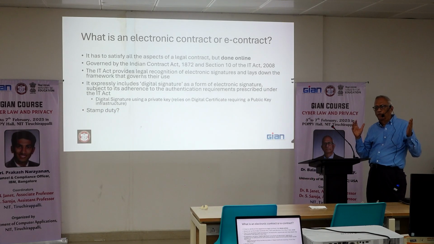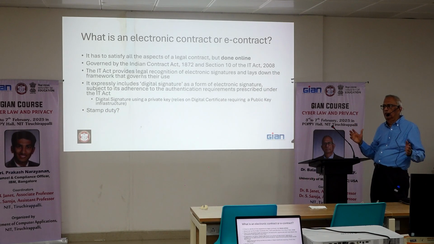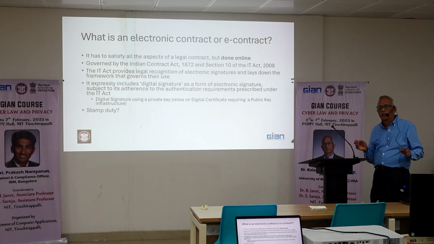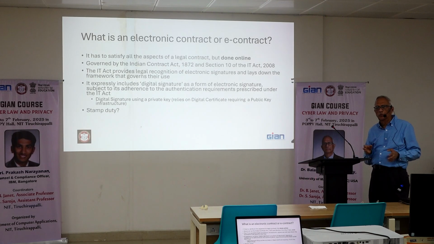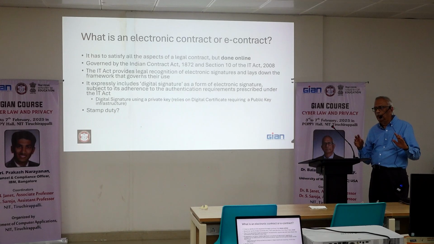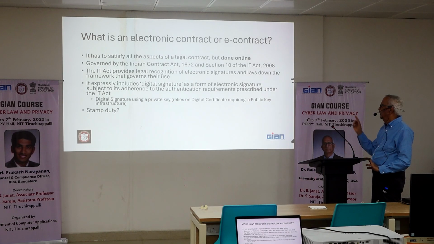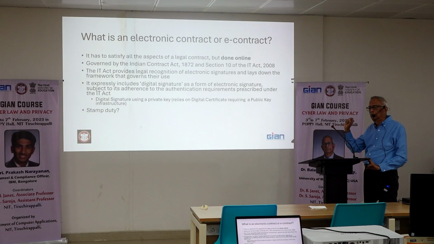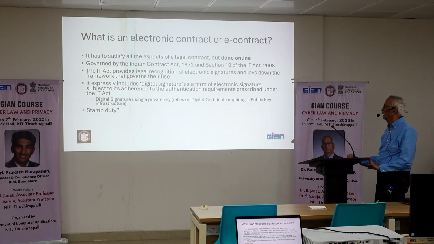There is a lot of framework you have to put around that for the authenticity of the signature, or the authenticity of the person who is signing it, as well as the authenticity of the document that supports it. So the IT Act provides all this legal framework to support these concepts.